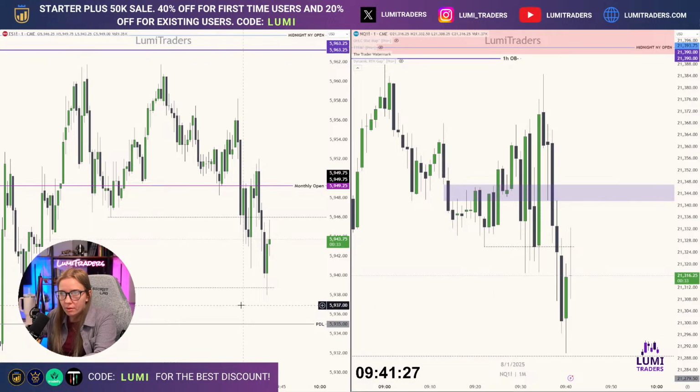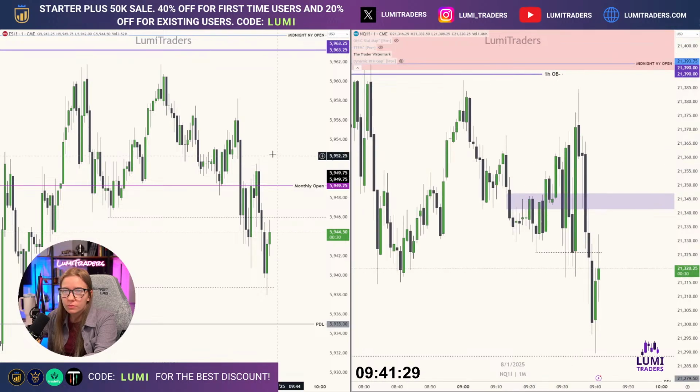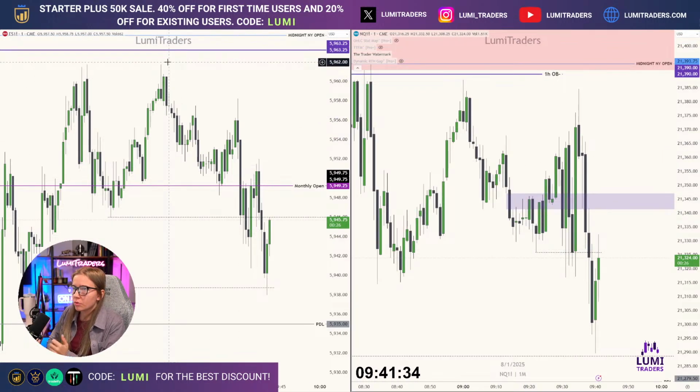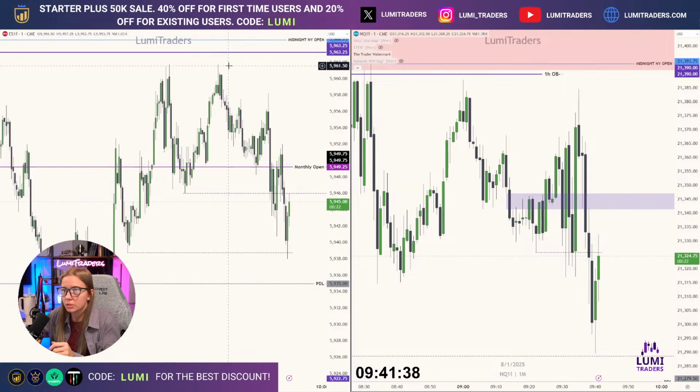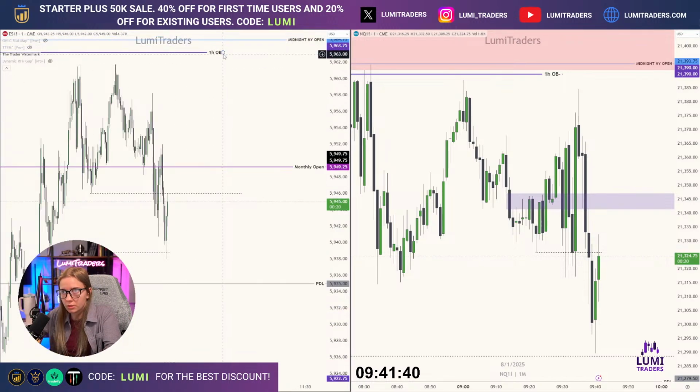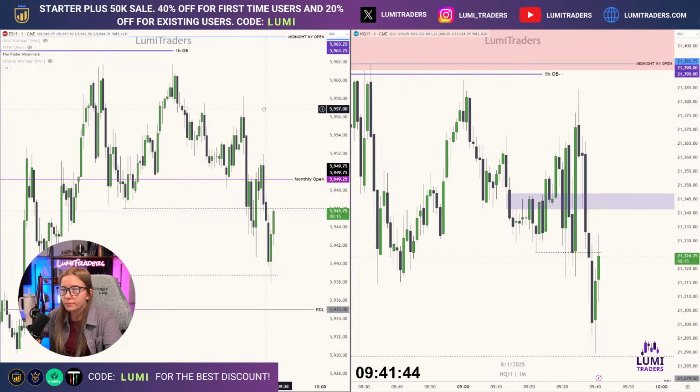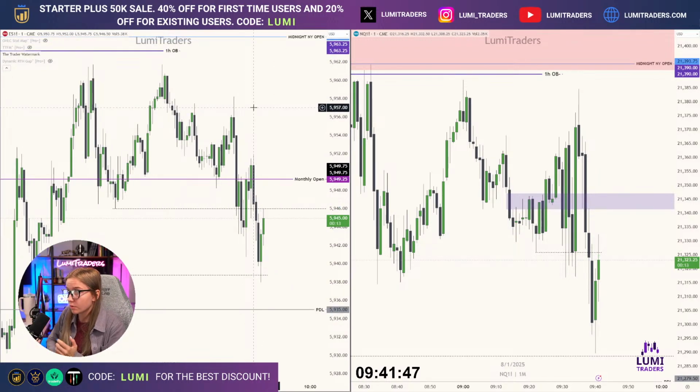Anyway, as long as we stay below the 1 hour OB on both ES and NQ, let me adjust this OB on ES so it's easy to see for you guys. It makes sense to see the previous day low level.